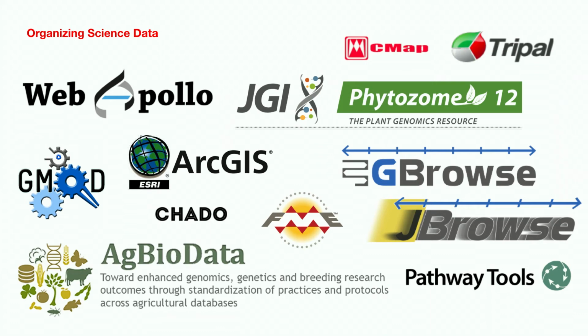So you have GBrowse, JBrowse, metabolic pathway tools, the Chado database, that's the engine for Drupal. It has a lot of information on biological terms, and CMap for creating genetic maps.